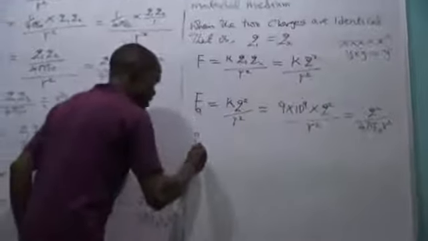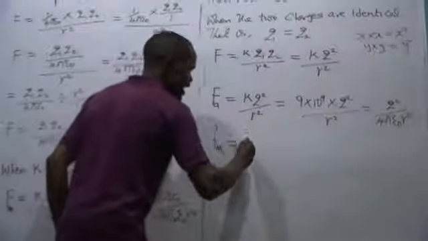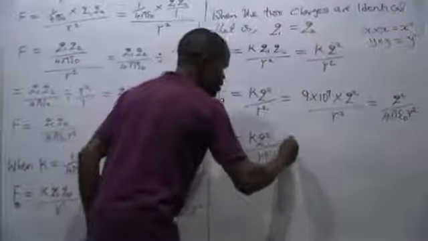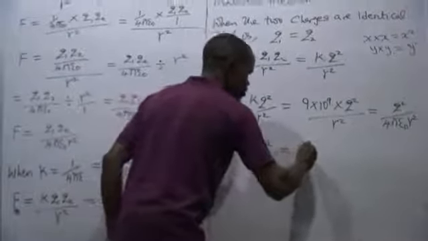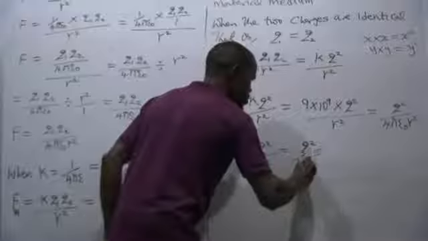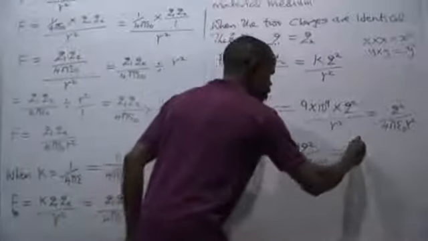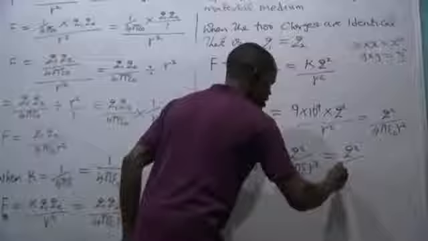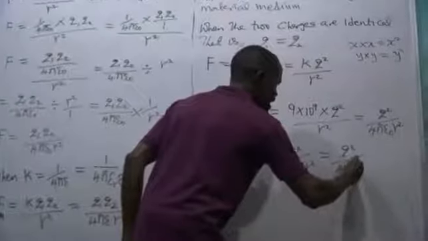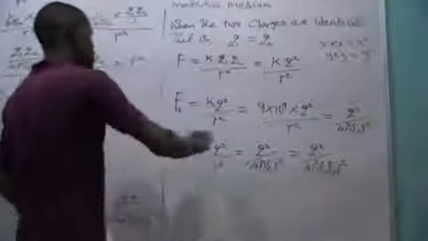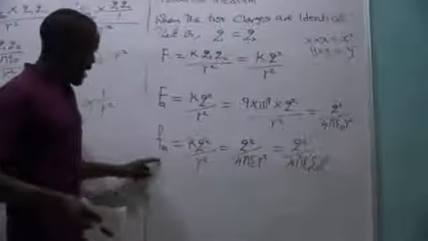Then Fm equals K Q squared all over R squared, which equals Q squared all over 4 pi epsilon R squared, or Q squared all over 4 pi epsilon naught epsilon R R squared. You can use any of these.